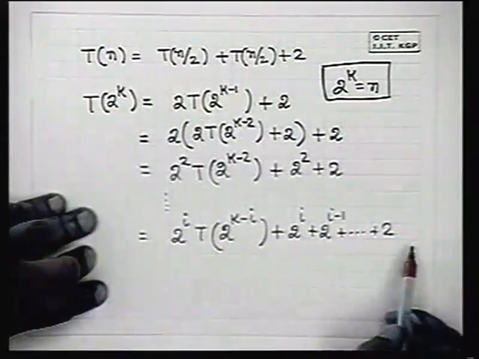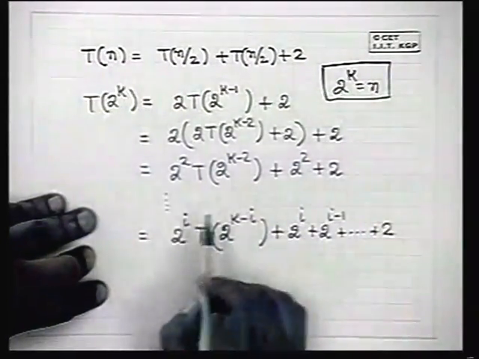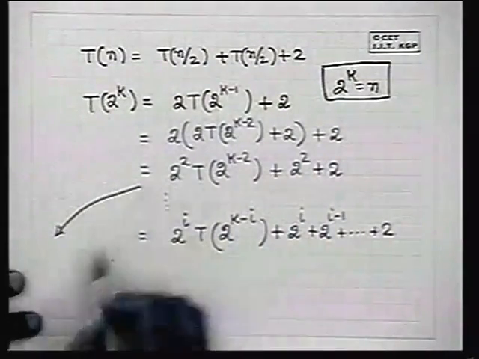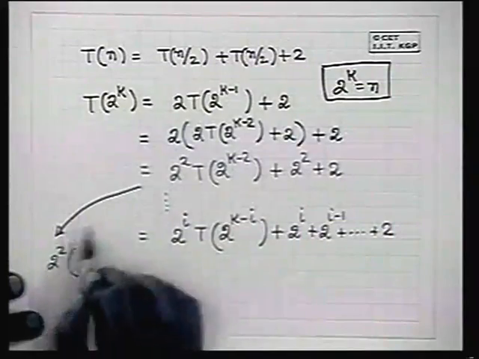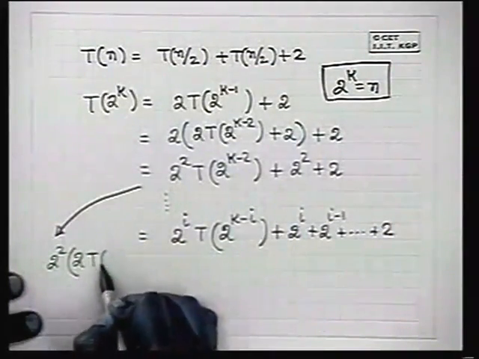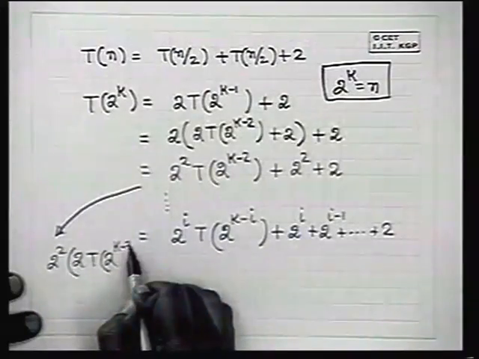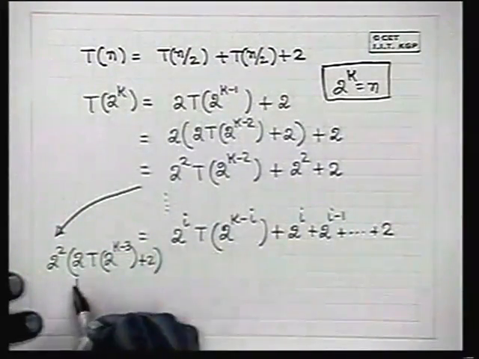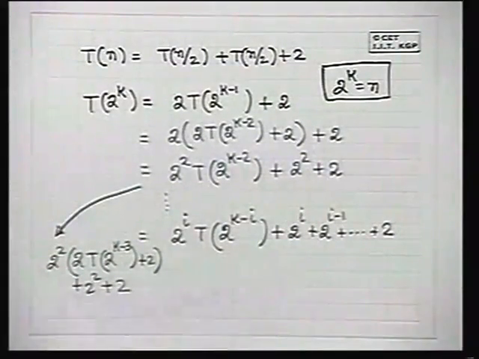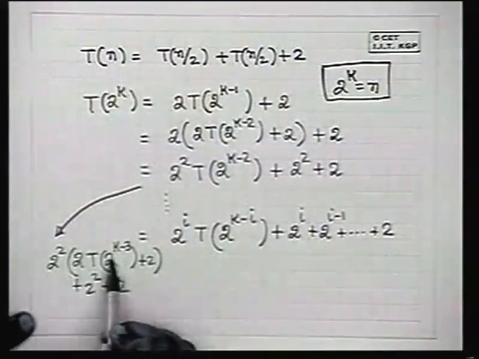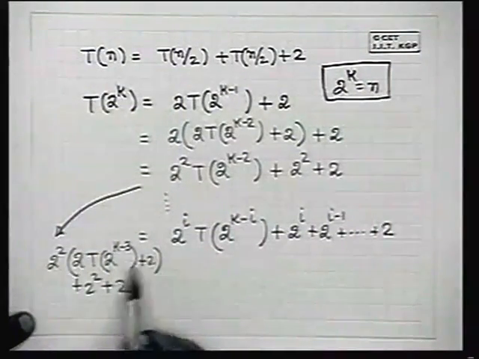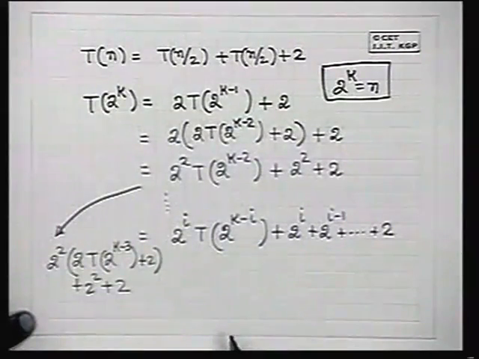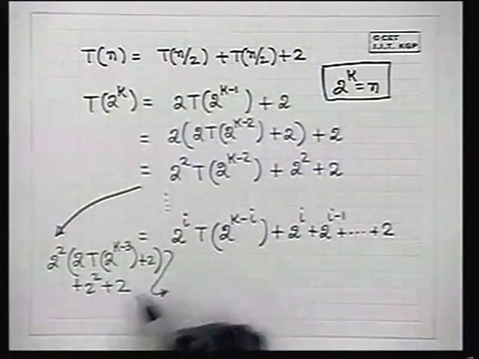Will this term come? Try another term from here and see if it comes. Opening up 2 square, you get 2 cube T(2^(k-3)) plus 2 cube plus 2 square plus 2, right, if you open up. So what does this lead to?